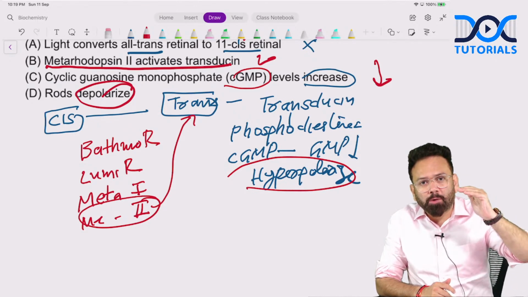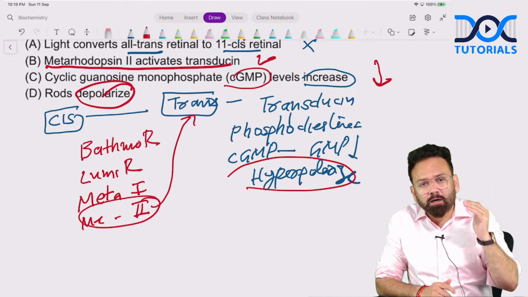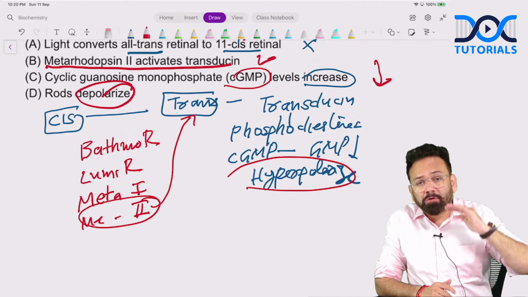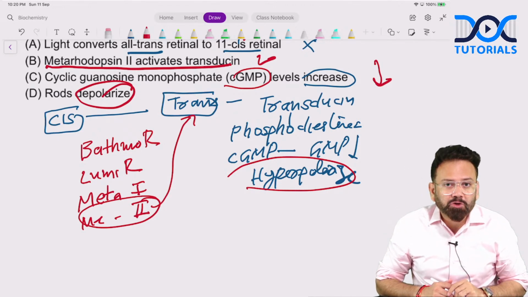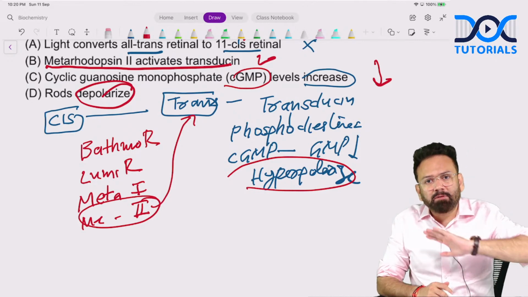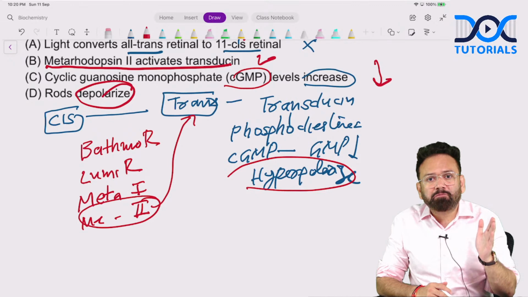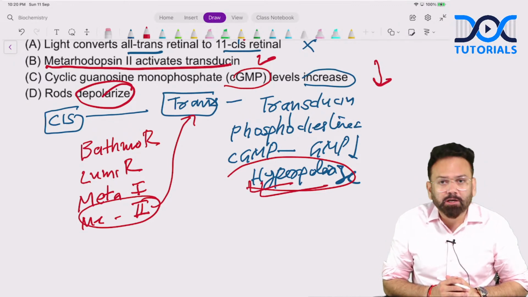Balma: bathorhodopsin into lumirhodopsin into metarhodopsin 1 into metarhodopsin 2, which activates transducin. Transducin is a phosphodiesterase which converts cyclic GMP into GMP. The cyclic GMP channel will close, and instead of depolarization, there will be hyperpolarization. Clear?